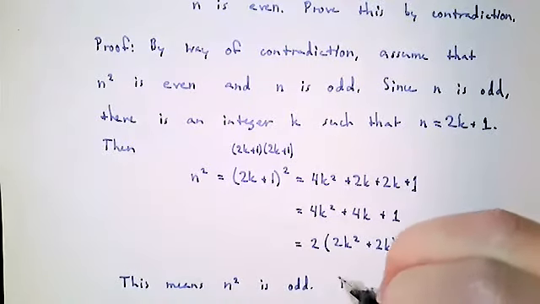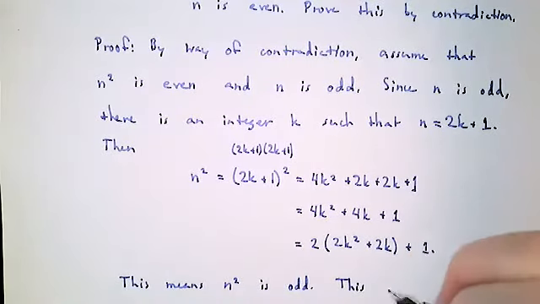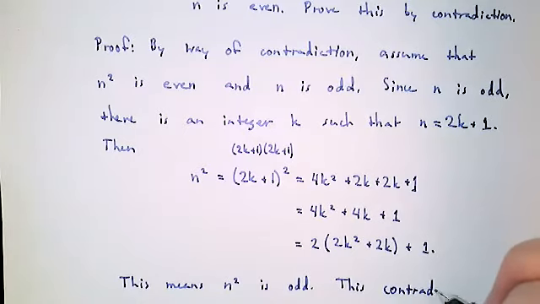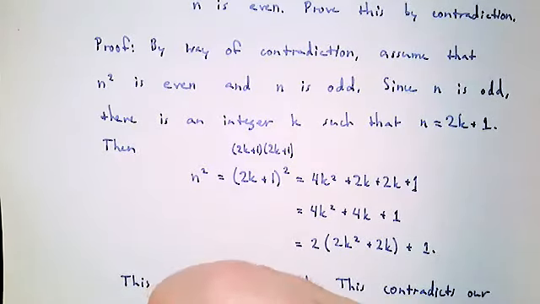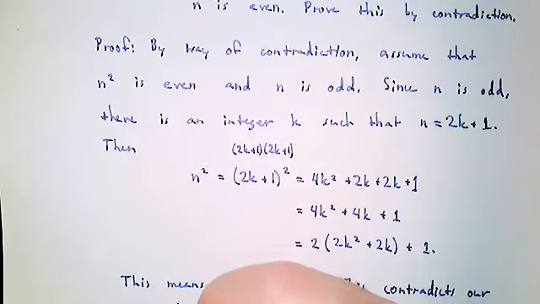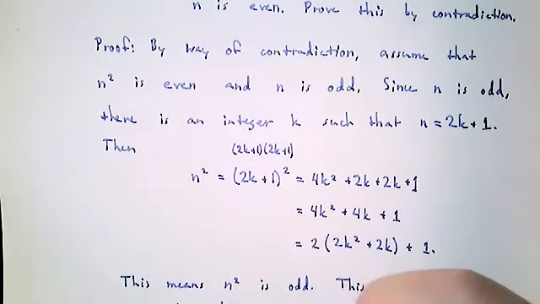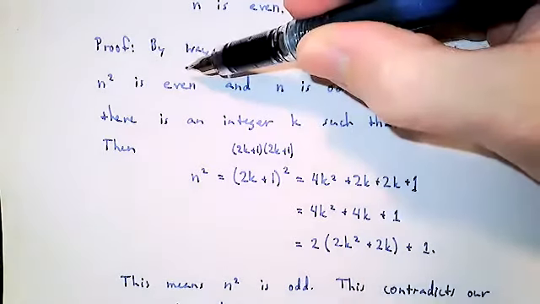So we'll conclude by saying this contradicts our assumption that n squared is even.